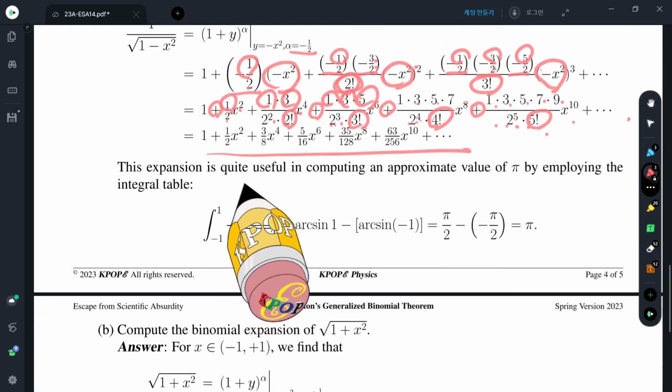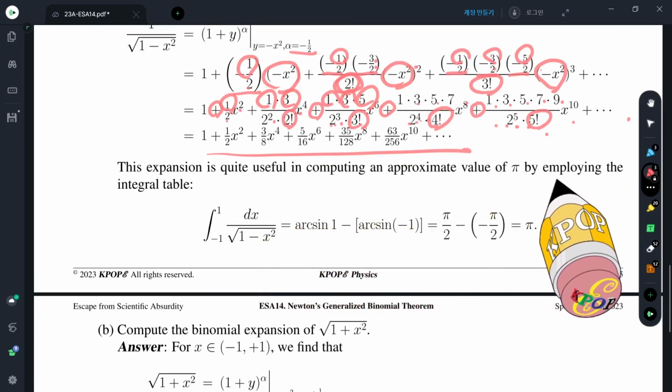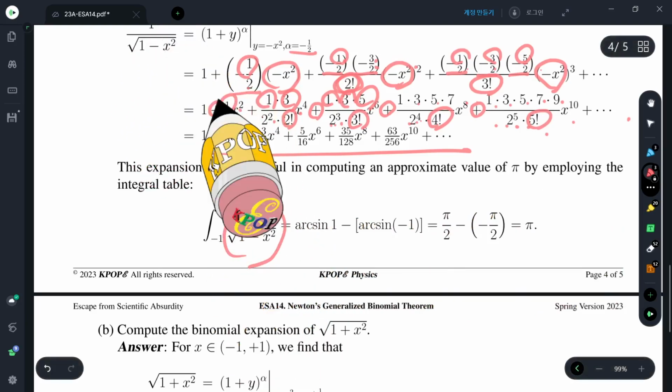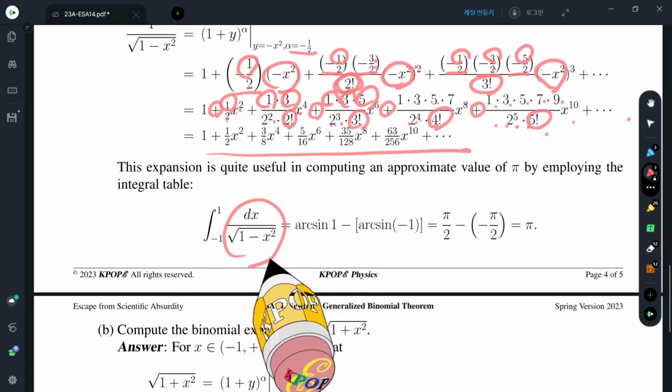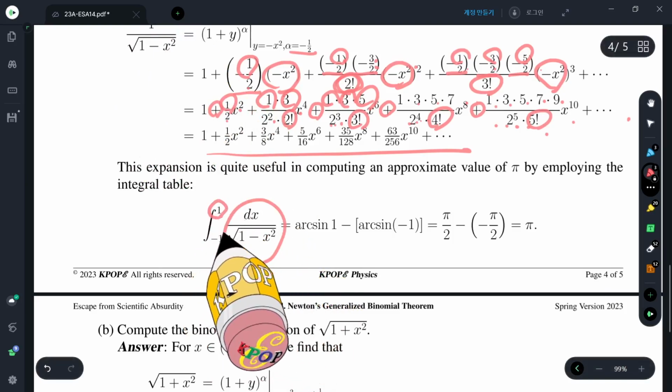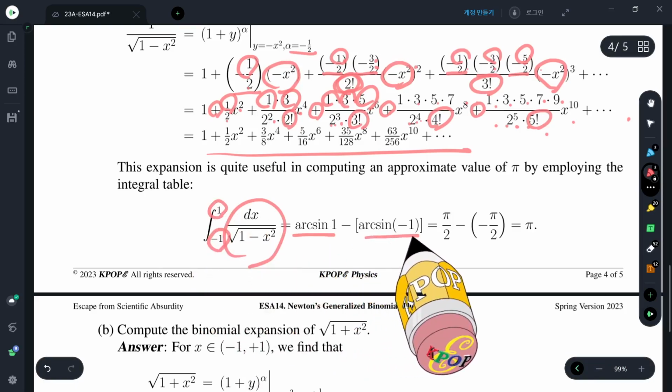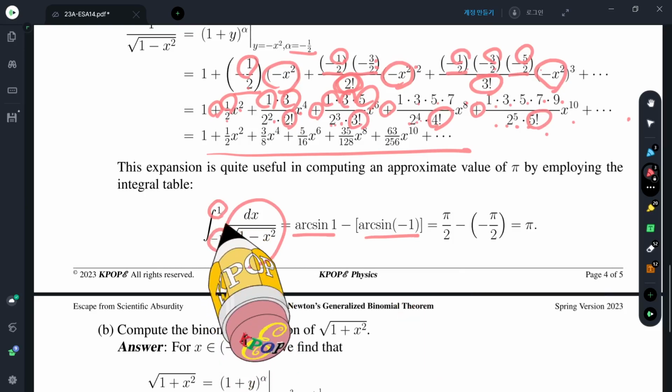This expansion is quite useful in computing the arcsine integral. This integral is nothing but the arcsine, so we substitute arcsine 1 subtracted by arcsine -1. Arcsine is the inverse function of sine defined in this region.